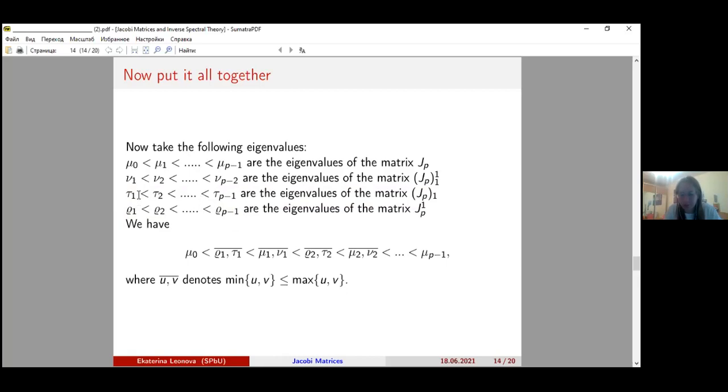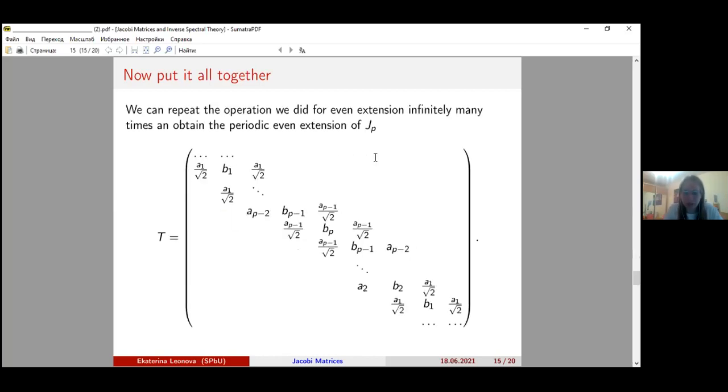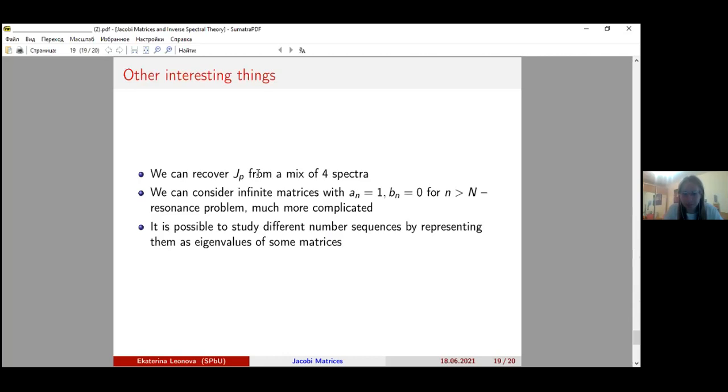For every number we've got to take one here or there, but it doesn't matter. And we will still be able to find a matrix JP. I think this is pretty interesting. And also this mapping will be continuous. There won't be analyticity, but it will be continuous.